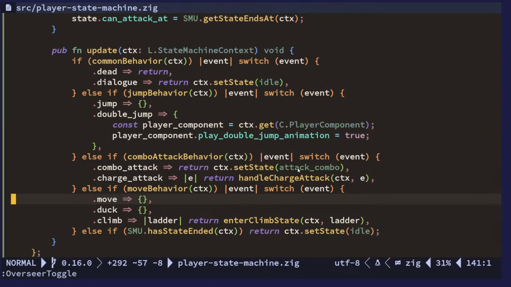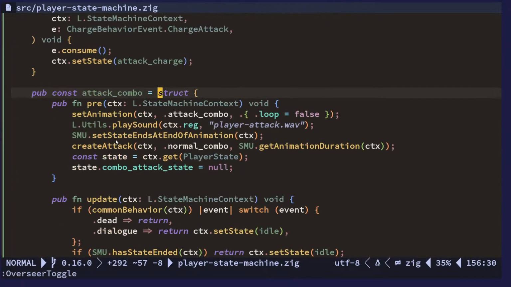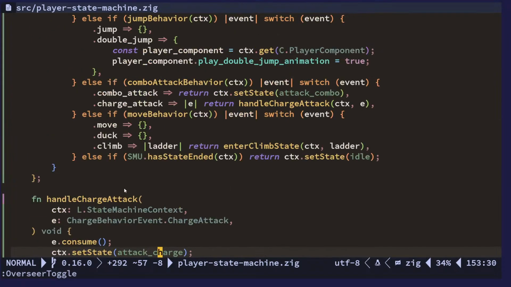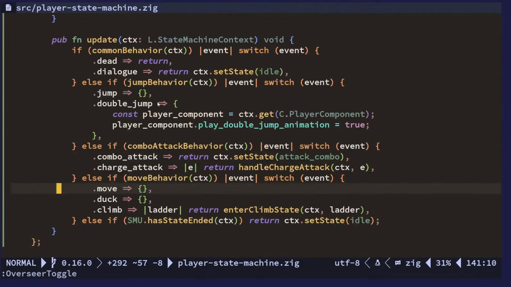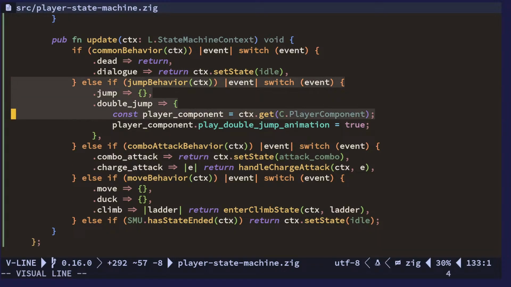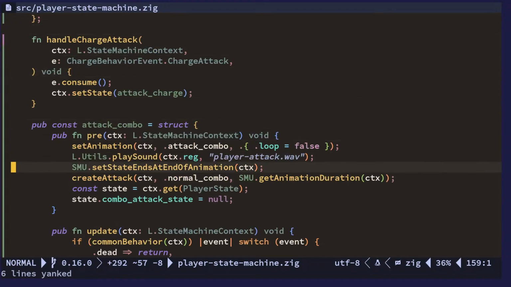The problem here, yeah, the combo should have the exact same behavior, I think. Maybe. So we actually need to copy this.